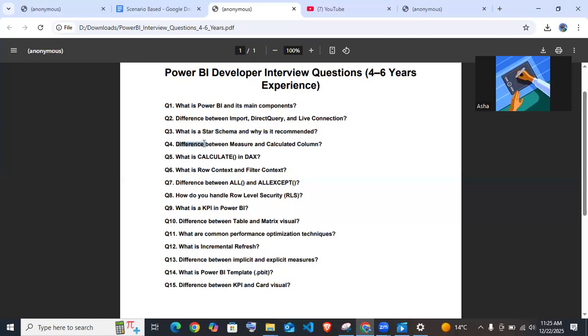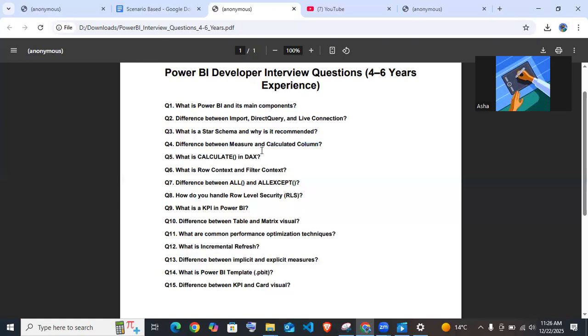Next question is the difference between measure and calculated column. This is a most asked question, you can say in 99% of interviews the interviewer asks, what is the difference between measure and calculated column? What is a calculated column?